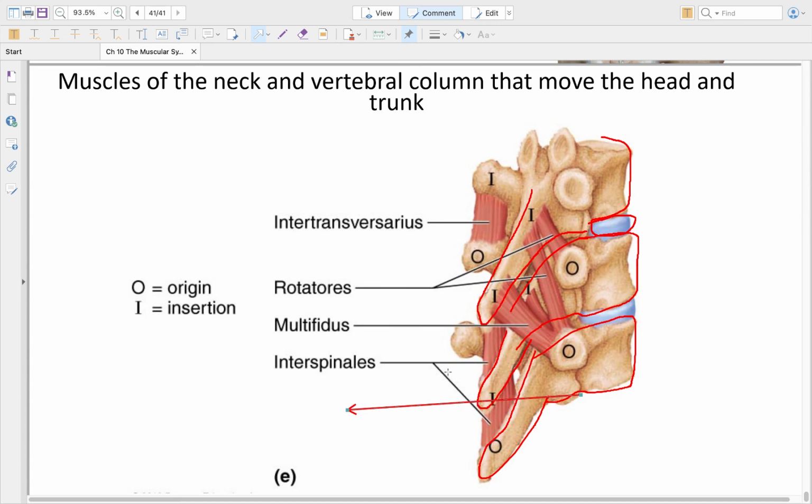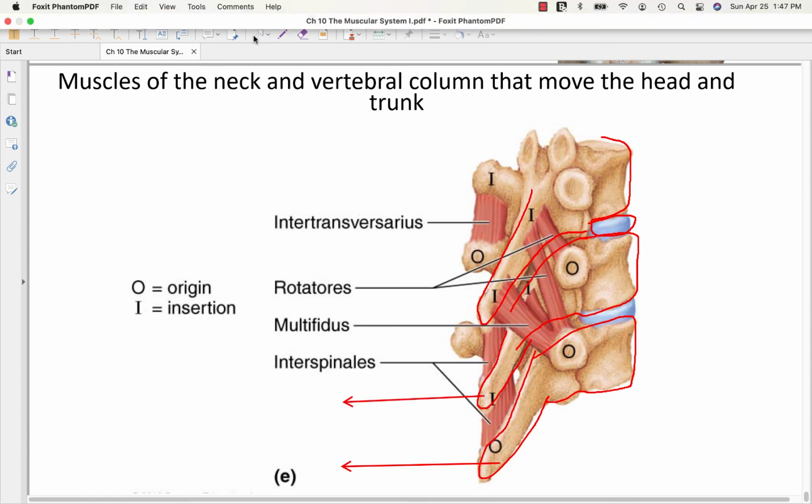Say this was your back. Let's say this is your back. We're not specifying which vertebrae this is. We're just going through the anatomy again. Spinous process sticks out this way.